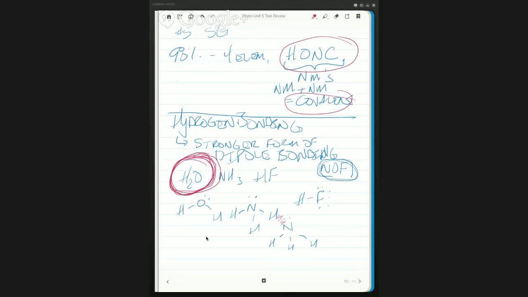Knowing that the partial positives are on the hydrogen and the partial negative is on the oxygen. You need to know this. If you can do all of that, that's probably a letter grade worth of points on the test, just dealing with water and different forms of water. Anyways, please pay attention to that. All right, so that is hydrogen bonding.